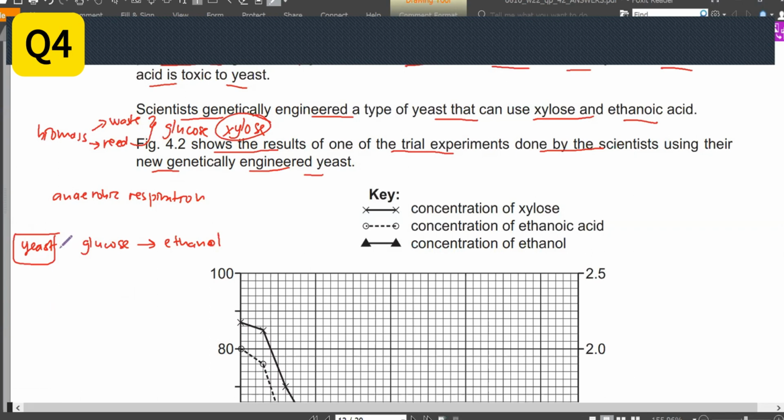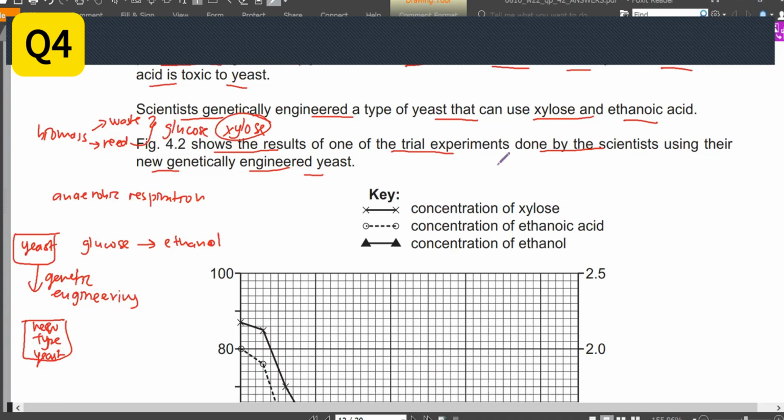So what they're trying to do is go through genetic engineering to produce a new type of yeast. The new type of yeast is quite good.